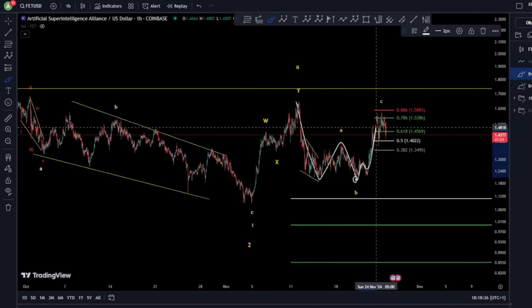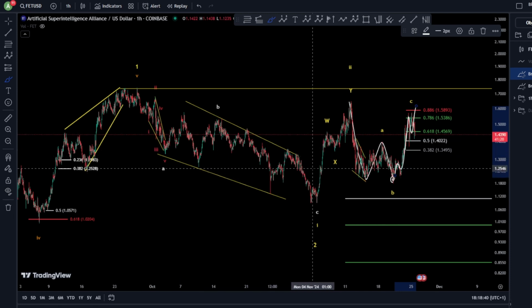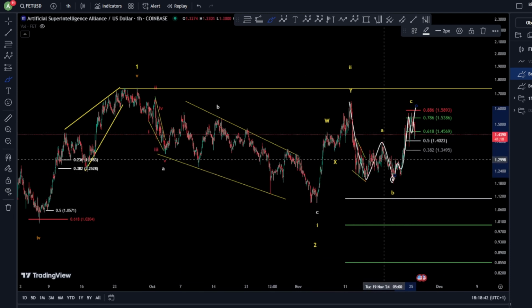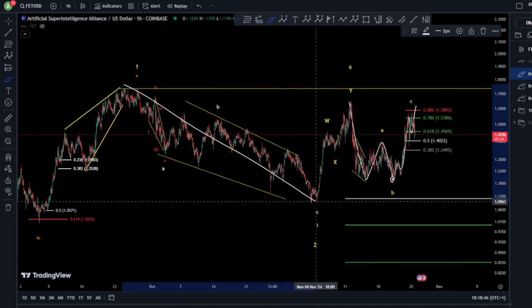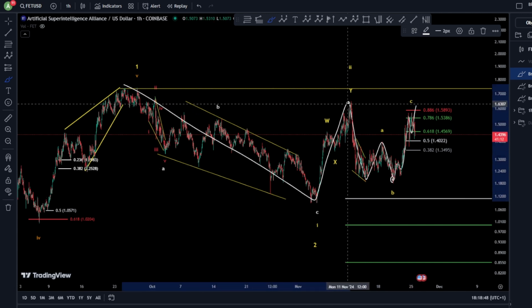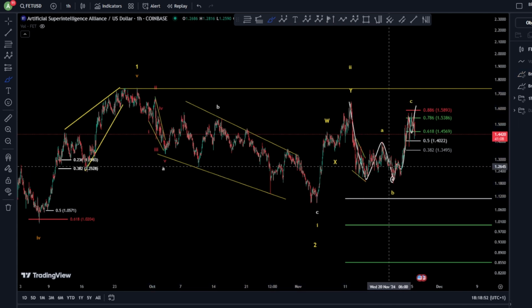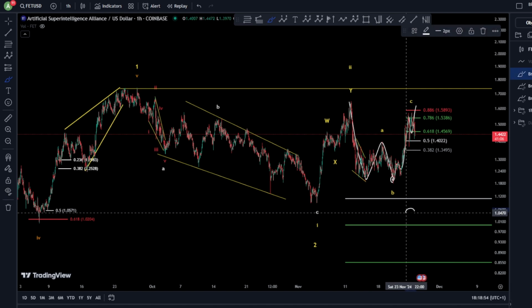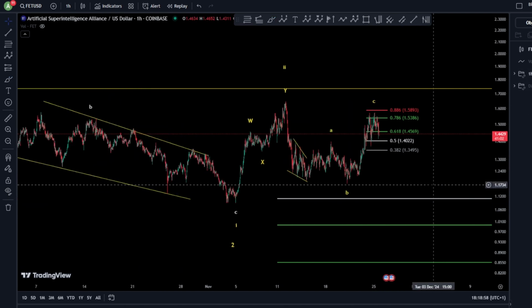And to start an impulse from here, it's not really making the structure make sense, because of course you have a big wave 1 here, and if you say A, B, and C, or W, X, Y, well, your wave Y should take the low at least. So that is not an option.